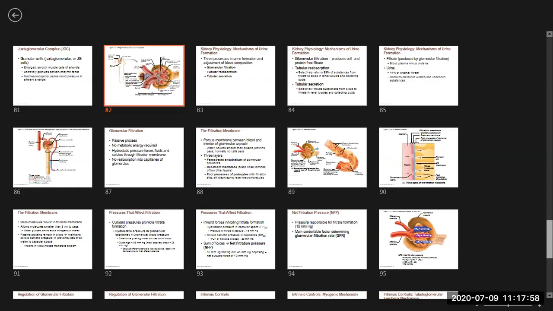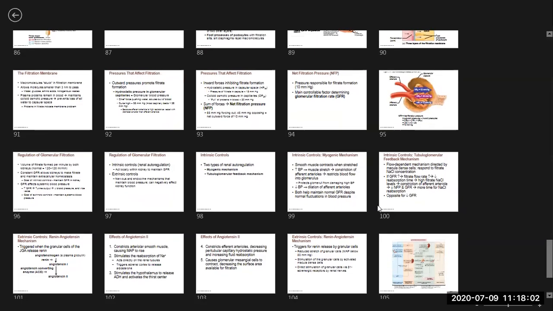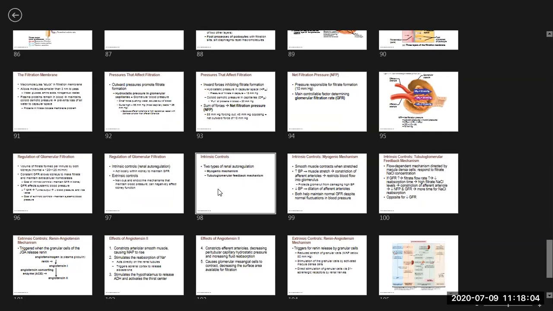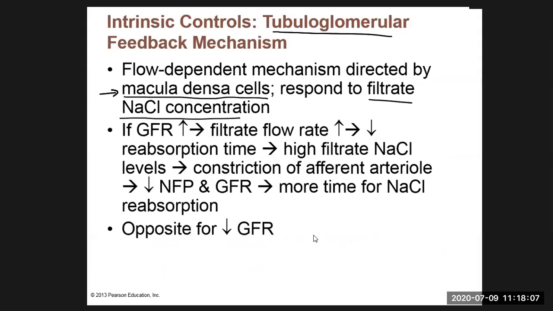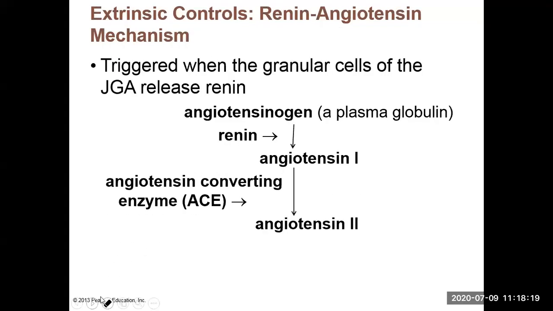Anyways, that's the idea for the macula densa and also the intrinsic control mechanisms, tubuloglomerular and myogenic. We are done with pretty much that. Now we're going over the extrinsic control mechanism.